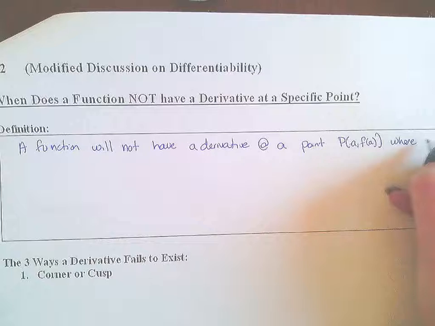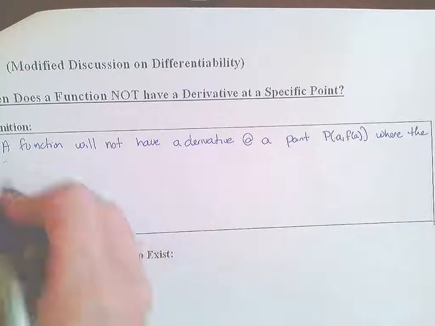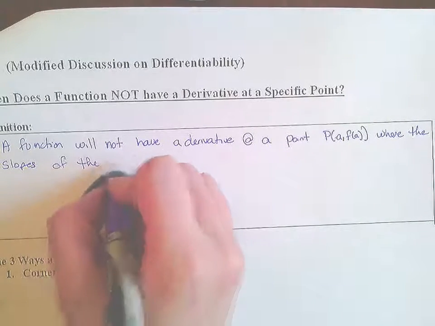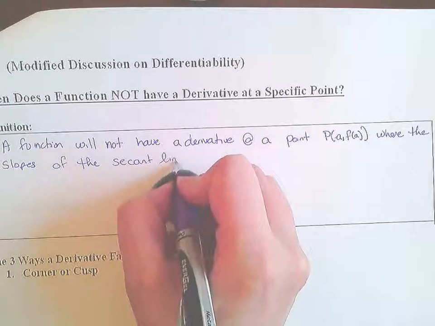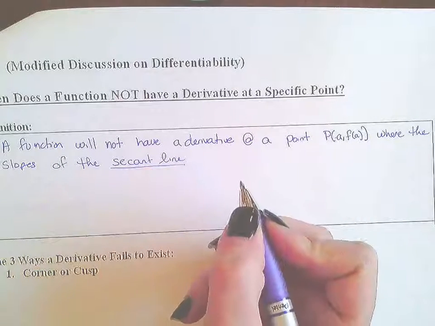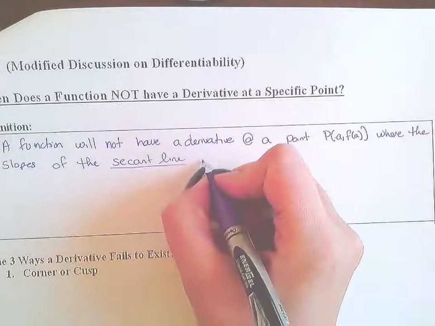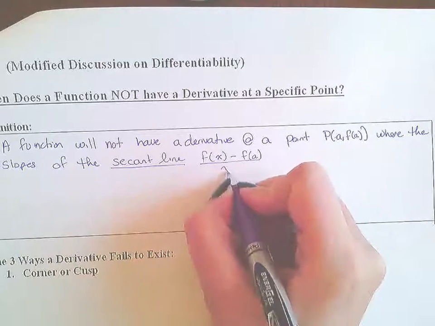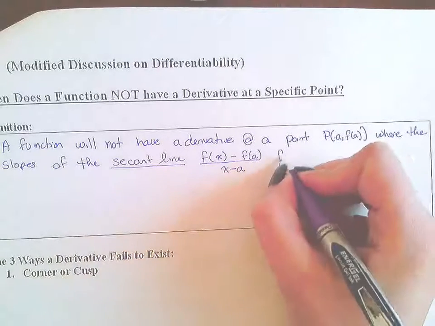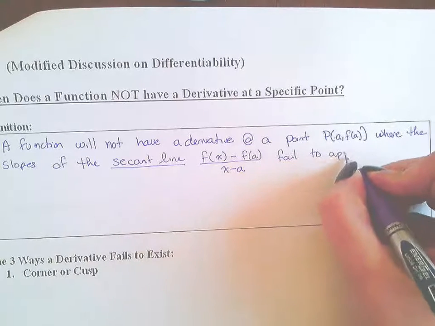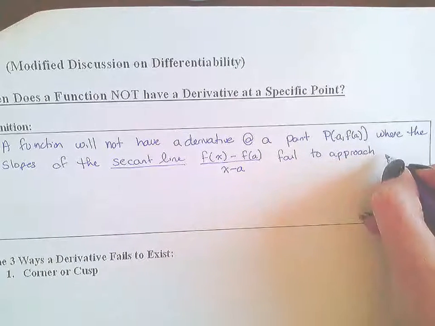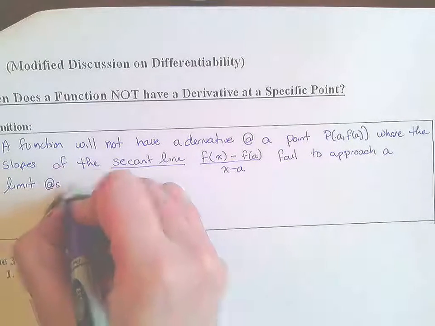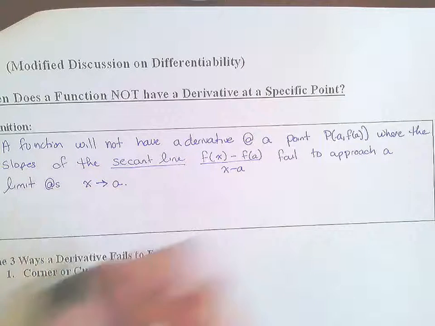slopes of the secant line, aka, remember, it's f of x minus f of a, all of that over x minus a, fail to approach a limit as x approaches a.